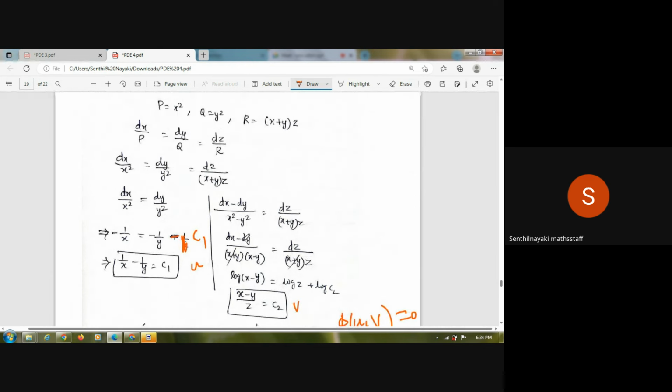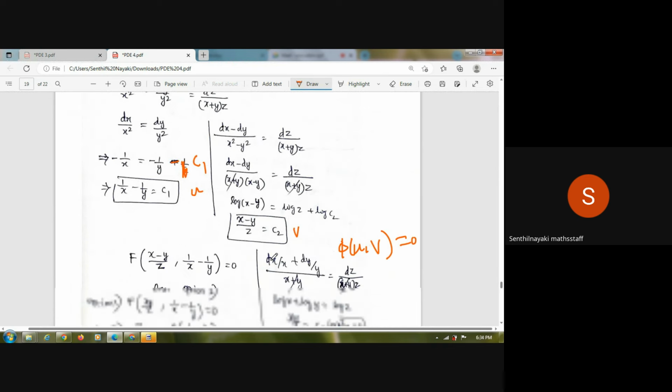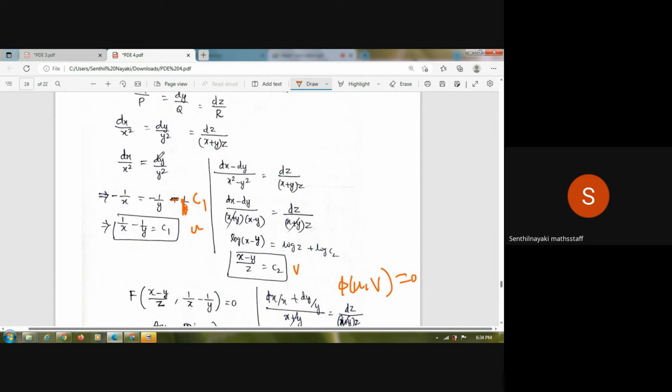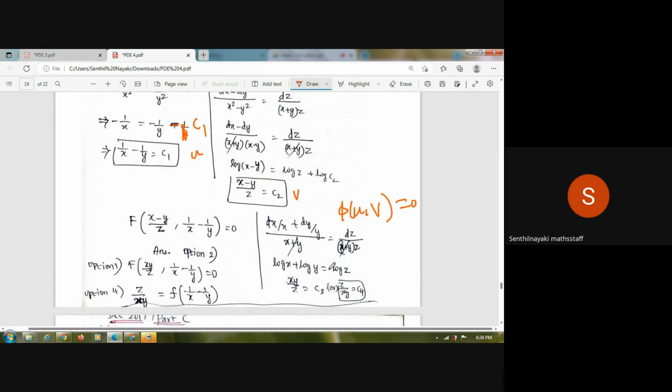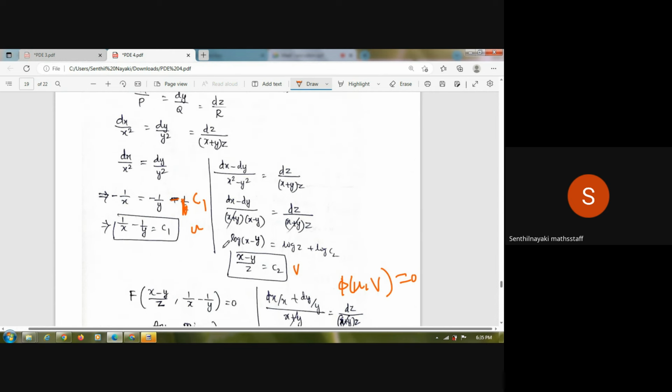In the first ratio we have dx by x square. Second ratio dy by y square. Then divide the first ratio by x, then we have dx by x.